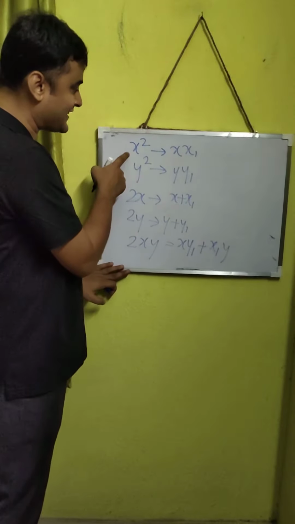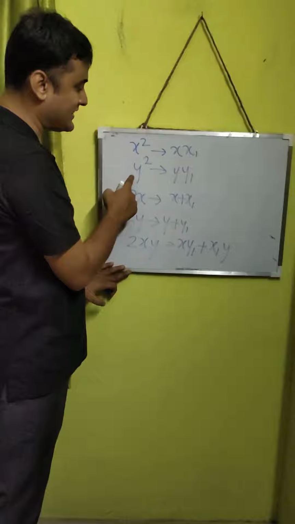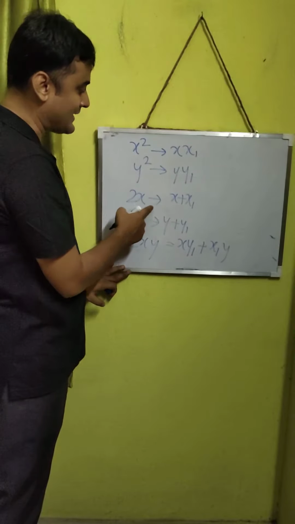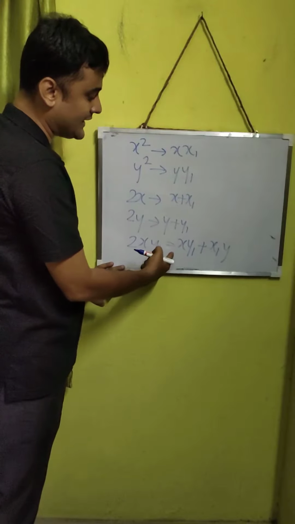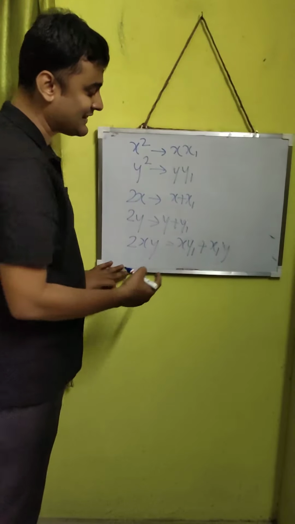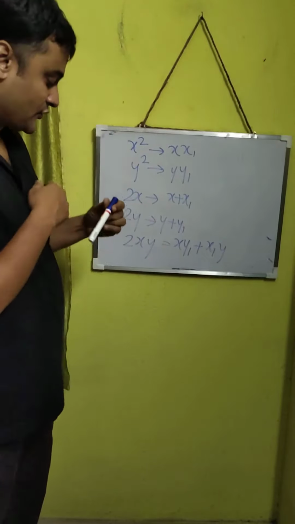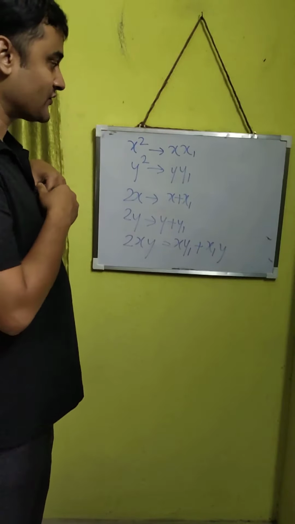Okay, remember this: x square x1, y square y1, 2x x plus x1, 2y y plus y1, 2xy replaced by xy1 plus x1y.